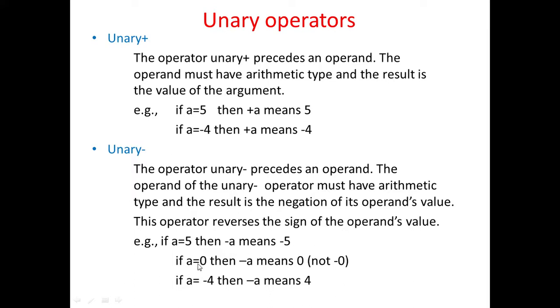If a is 0, then minus a will mean not minus 0, it will mean 0, because we don't have minus 0. If a is minus 4, then minus a will mean plus 4, because it multiplies minus 4 with minus, and this results in plus 4. So these are the two unary operators, unary plus and unary minus.